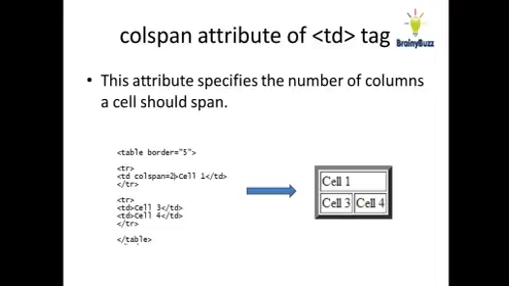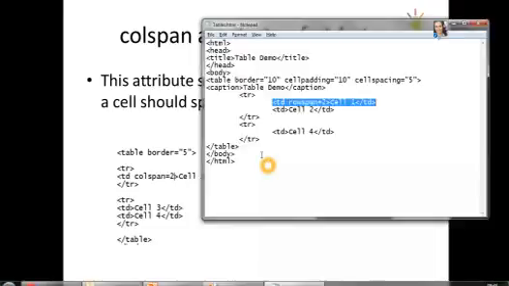Another thing, we have the colspan attribute. Colspan attribute is the number of columns a cell should span, like we have the rowspan over here. So let's give it the value as colspan. I want my first cell to be in 2 columns, so I can give the cell 3 over here.